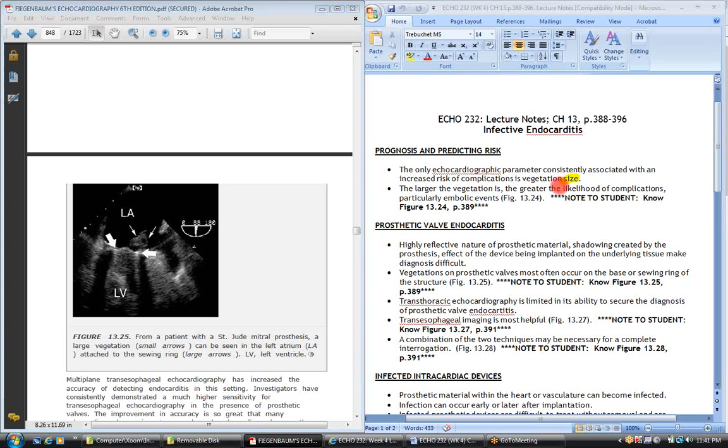They have a large vegetation that's showing, again, this time on the top in the LA section, or the left atrial section. You get this shadowing drop down that prevents us from seeing much on this side, but in this case, the vegetation is on the upstream side of the valve.